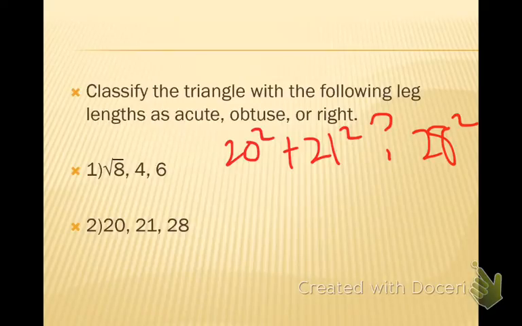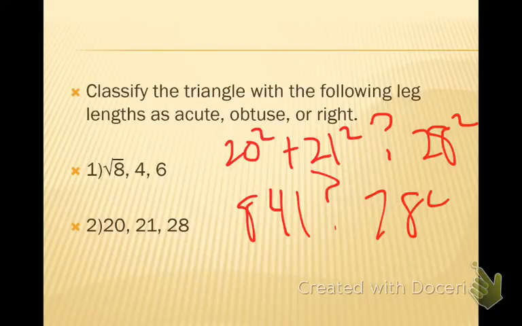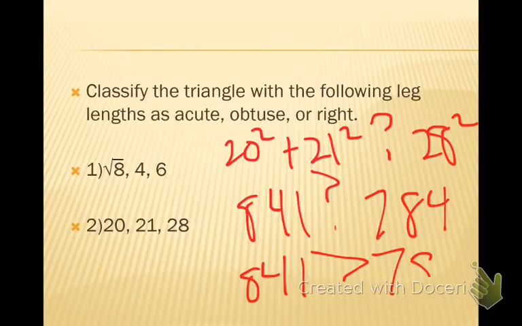Okay, 841. What's 28 squared? 784. This time, the sum of the squares of the legs is greater than the square of the hypotenuse. Which situation would that model? This one with a really long hypotenuse, or this one where the hypotenuse is shorter? Shatise? The shorter one, acute. Yeah, so it's shorter, so it would be acute. Okay? Got it? So this one would be acute.